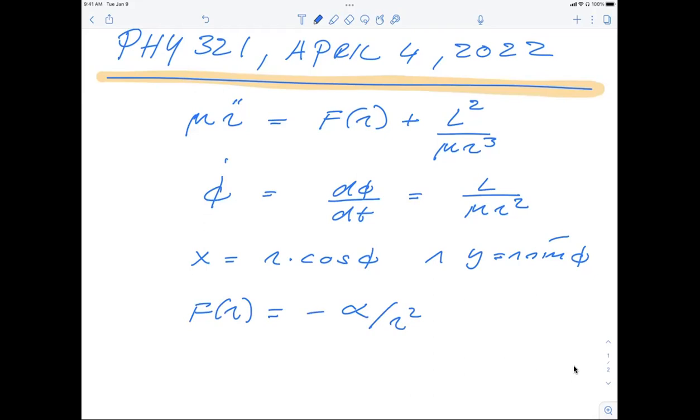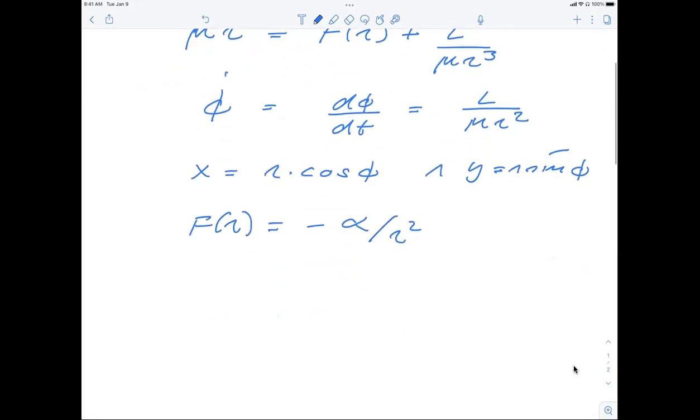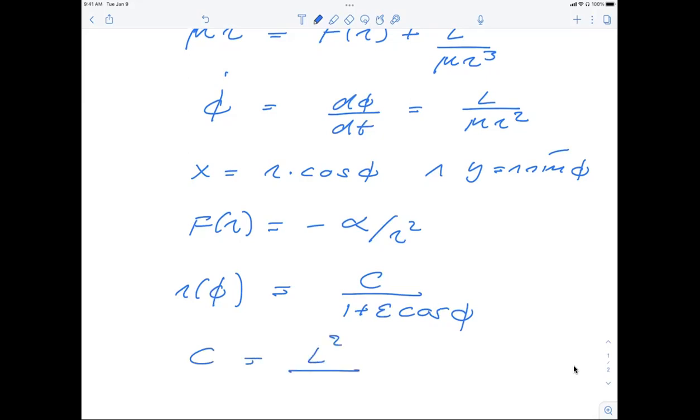If you see a problem like this in physics, then the solution for the variable r as a function of phi is given by c divided by 1 plus epsilon times cosine phi. And this constant c has a value which is given by the angular momentum squared divided by mu and divided by alpha.